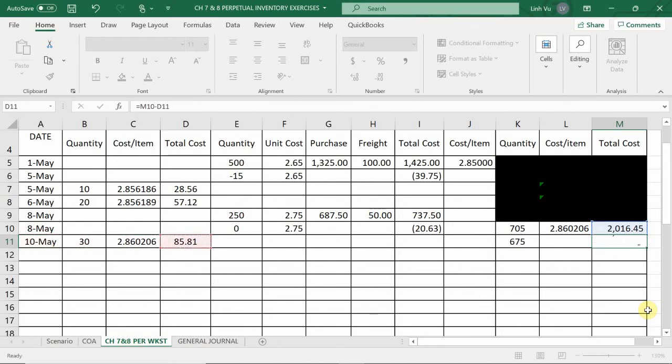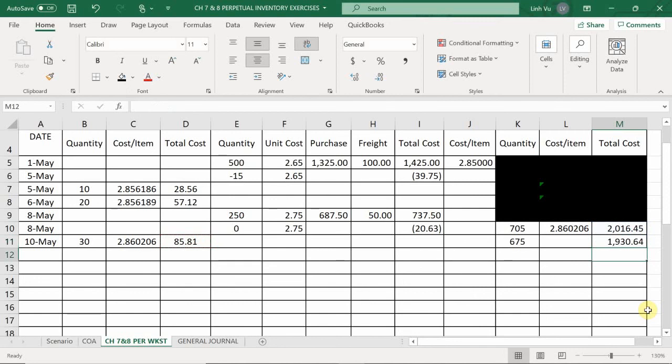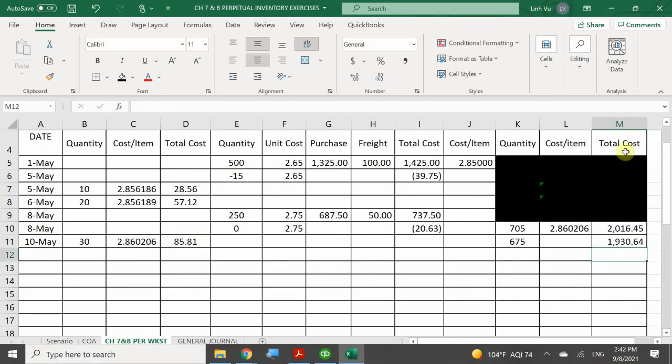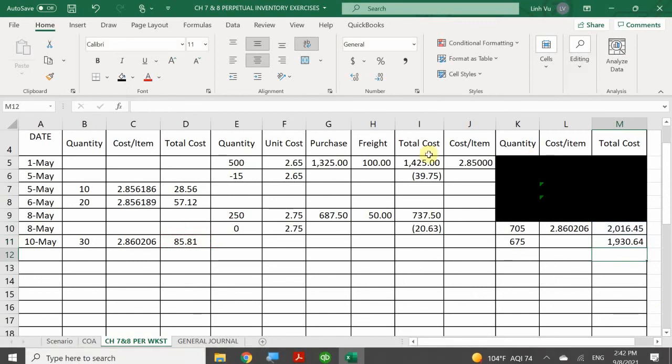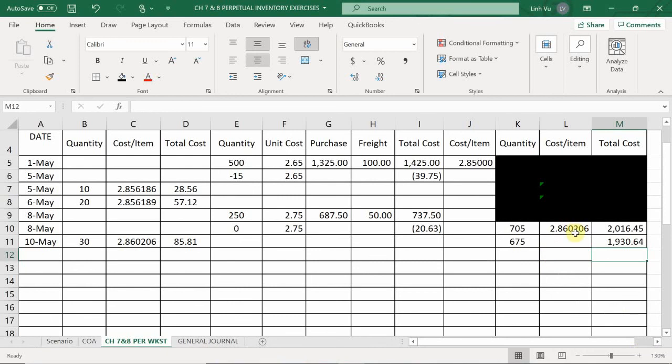Okay. So we should get $1,930.64, which then should bring my cost per item to be good.